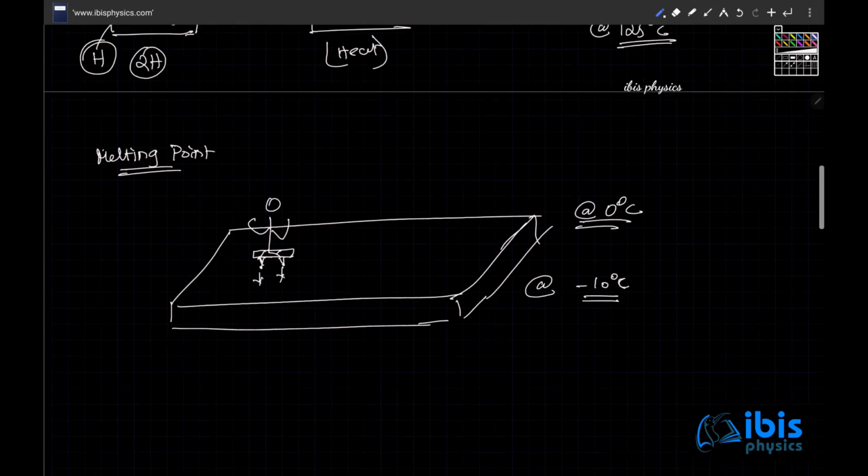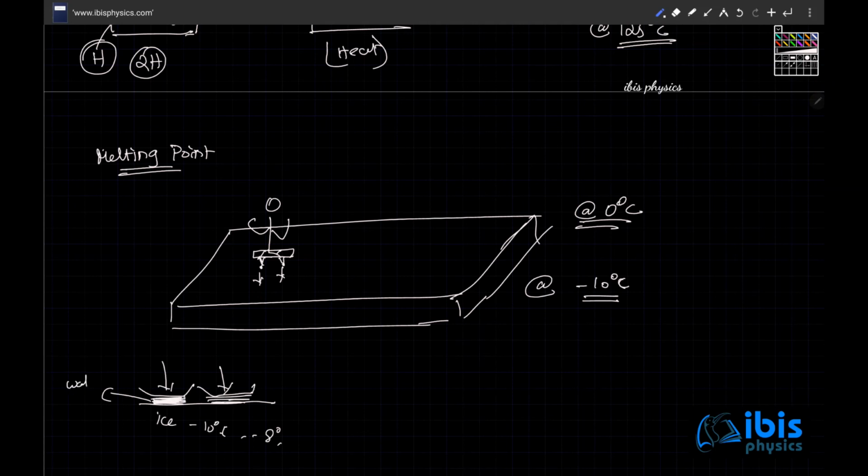So when you look from the side, this is the ice floor and the person is standing here. At this point where he exerts pressure, the ice melts and there is a layer of water between his shoes and the ice floor. Because of the high pressure exerted, the ice melts even at minus 10, minus 8 or minus 4 degrees Celsius.